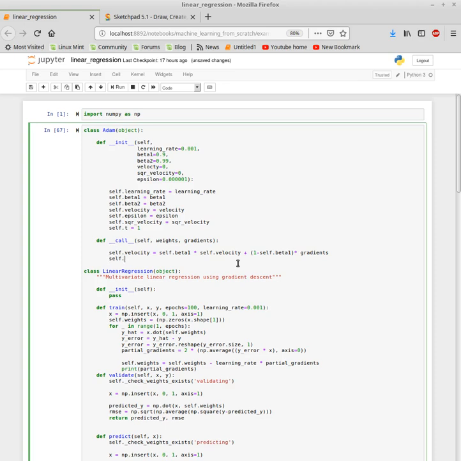So self.square velocity is equal to self.beta 2 times self.square velocity plus 1 minus self.beta 2 times the gradients squared.